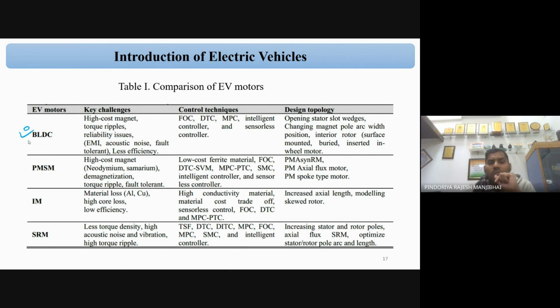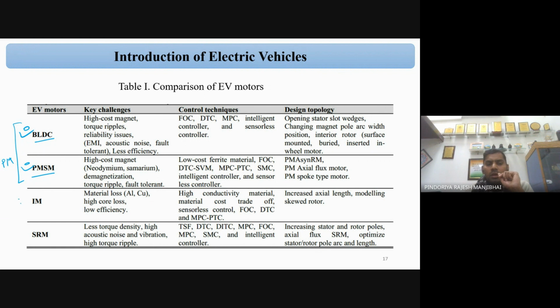PMSM, that is the permanent magnet synchronous motor. Both are permanent magnet motors. Only a minor difference, that is the back EMF. BLDC back EMF is trapezoidal, and permanent magnet synchronous motor back EMF is sinusoidal. So there is a minor difference between these two motors.